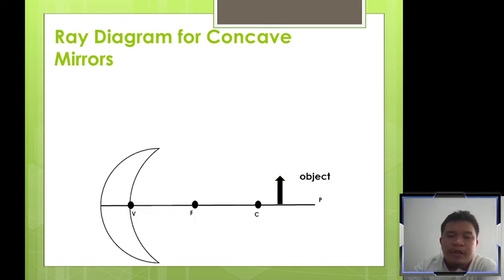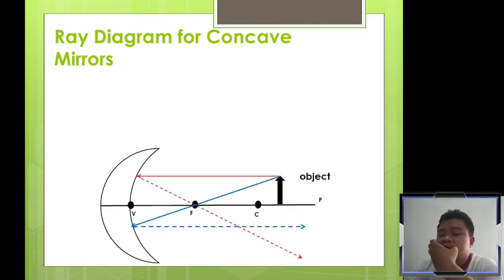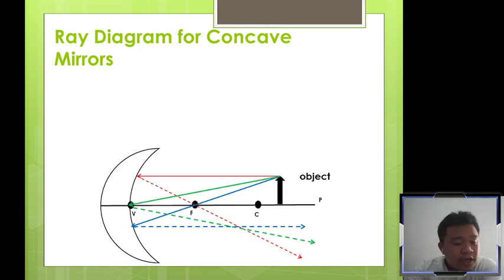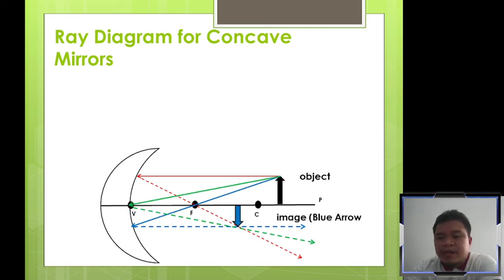So, if we combine all those rules, you will see that all these 3 light rays, the dashed lines, which are the reflected light rays, intersect at a certain point there. This is our image now. And how do we describe this image?